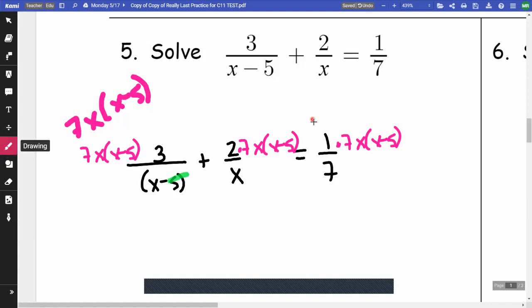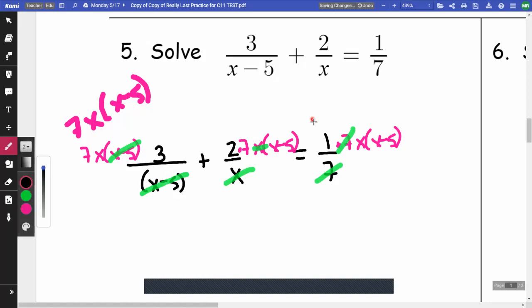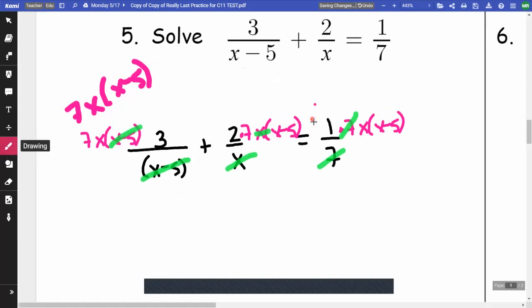So this and this are going to cancel out. My x and that x are going to cancel out. 7 and 7 are going to cancel out. So I am going to be left with, let's see.